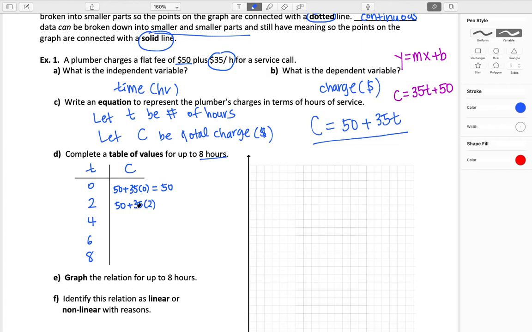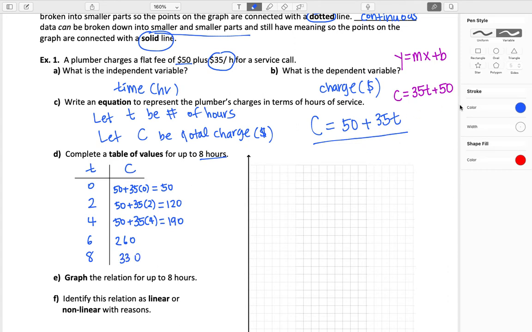So 2 times 35 plus 50 is going to give me 120. Same thing, 50 plus 35. So now I have 4 hours. So you multiply the 2 and then add 50, you get 190. And then you'll do the same thing, 260 and 330.